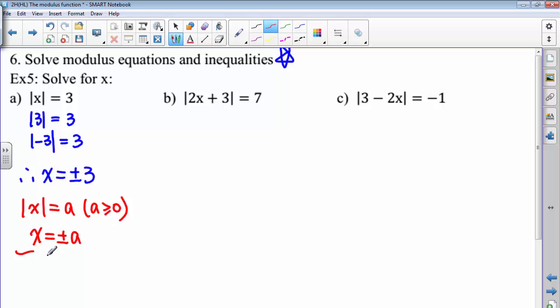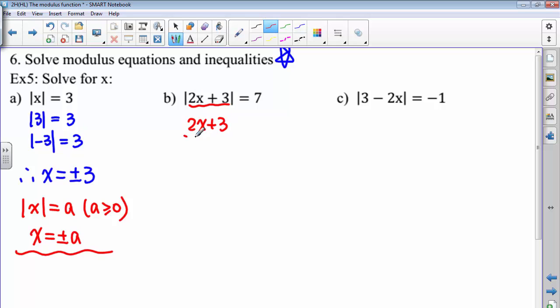Right now we need to use this generalization to solve the other two absolute value equations. Let's look at this one. This one is not a simple x anymore. It's 2x plus 3 inside the absolute value symbol. But it's the same as x.